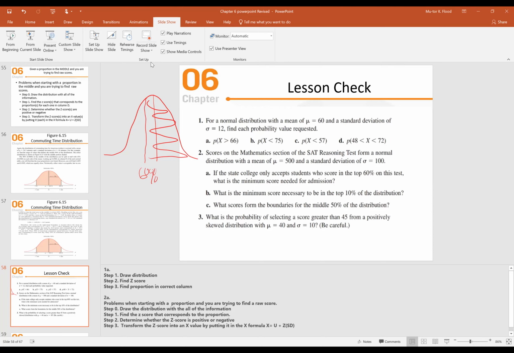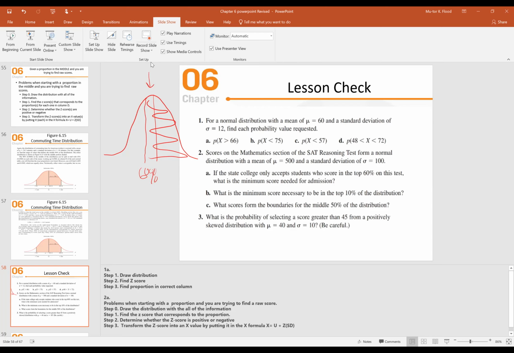And so again, we're going to draw the distribution with all of the information. Then we're going to find the z-score that corresponds to that particular proportion. So we're looking for a body, because this is the larger part.